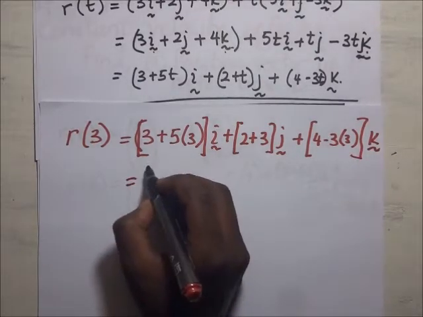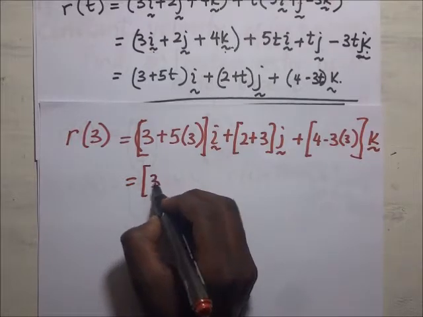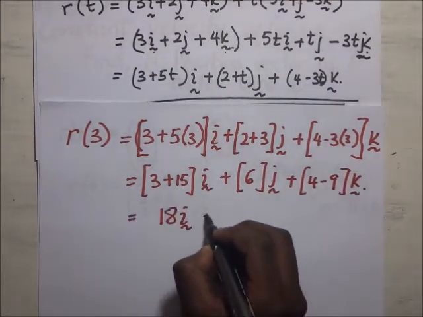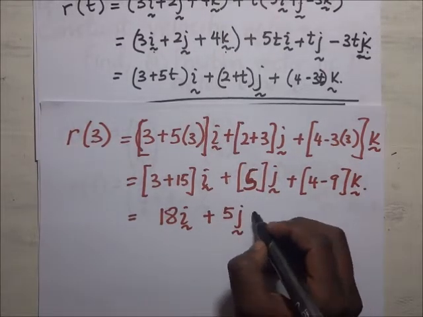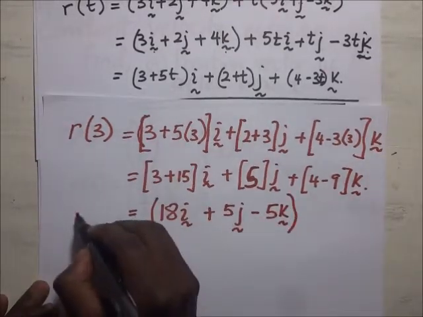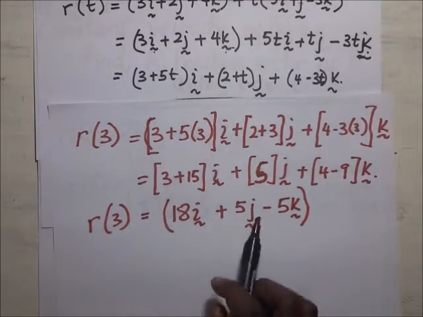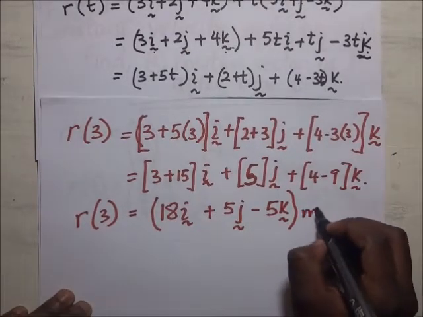So that's going to be 3 plus 15. So the position vector after 3 seconds is going to be this. This is all in meters.